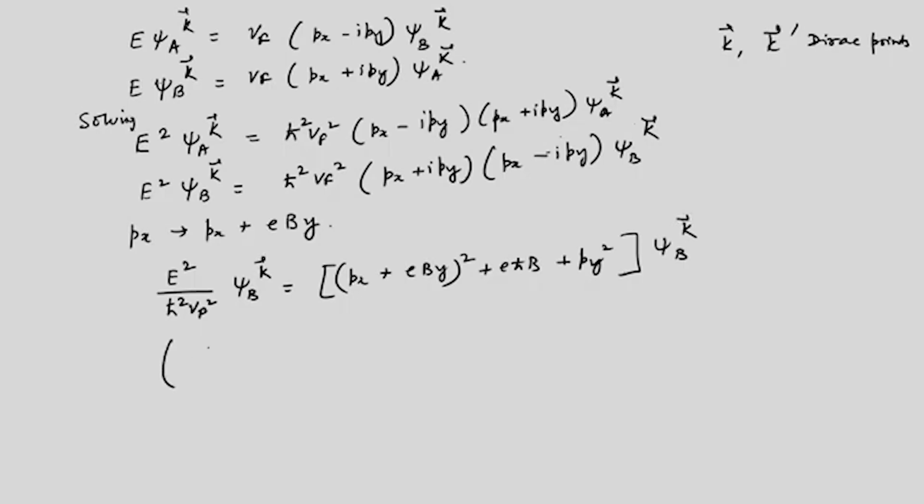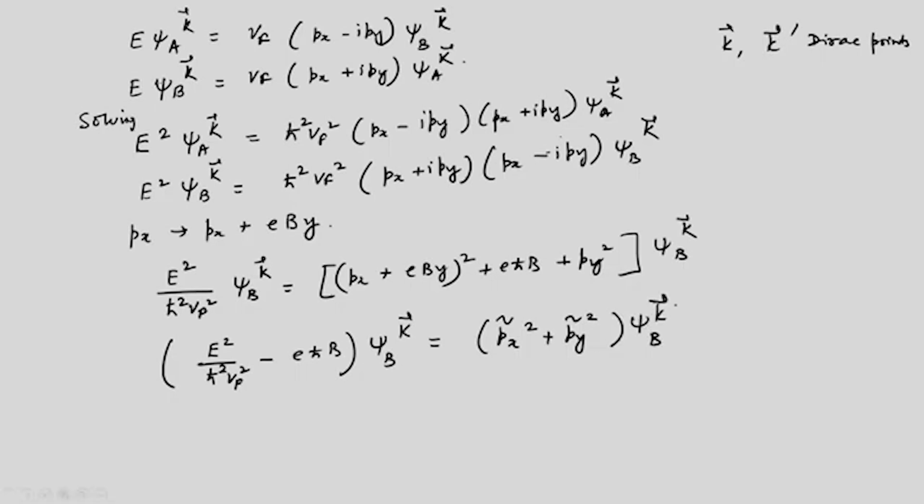So, we arrive again at E square by h cross square Vf square minus eħB, acting on psi B K, equal to px tilde square plus py tilde square acting on psi B K and so on, where px tilde square equals (px plus eBy) square and so on, and of course py tilde, just to have a symmetry, we have written both with a tilde.